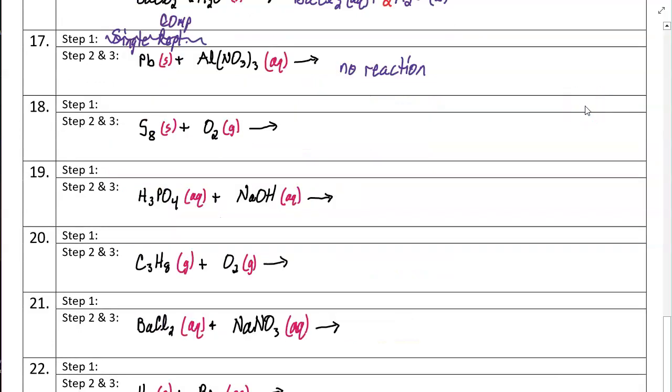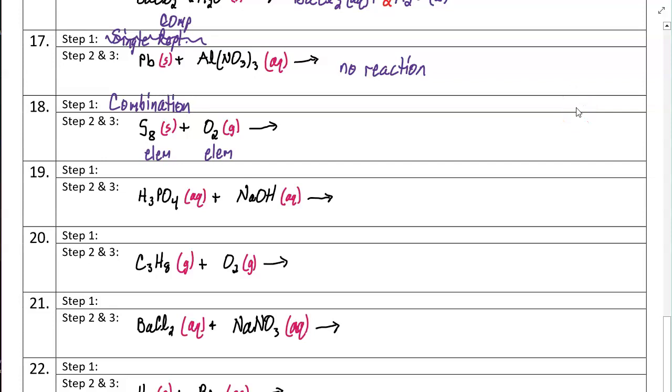Number 18, there's an element and there's an element. The only possible reaction type that this can be is combination. These two elements can combine together.